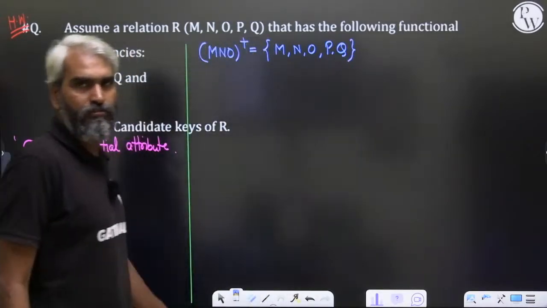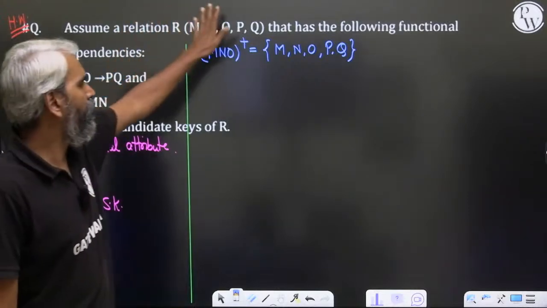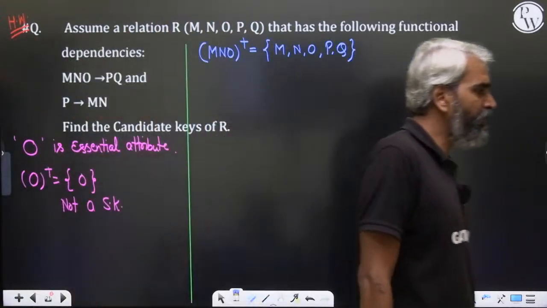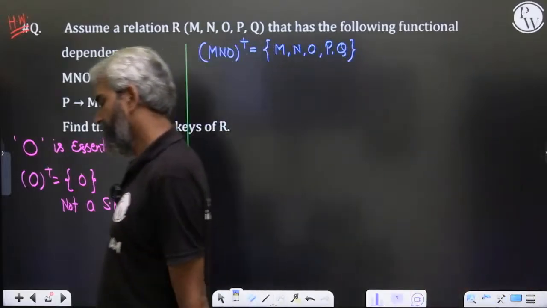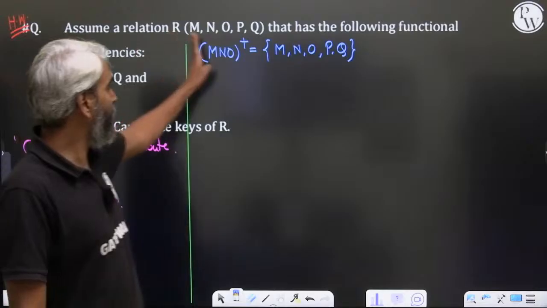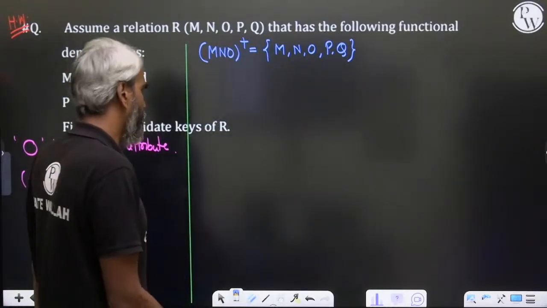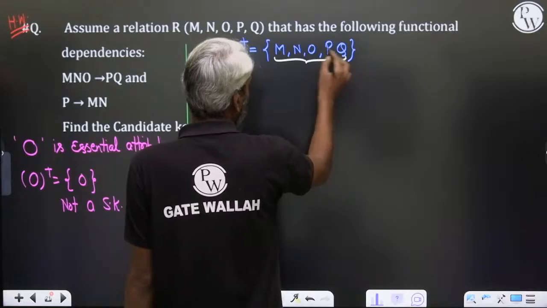I'm not saying that this is the candidate key. I'm just finding the very first super key intuitively so that I can reduce the size of that super key if required, and I'll be able to find the candidate key of that relation. So I hope you understand that MNO closure will be MNOPQ. So from here we get all attributes.